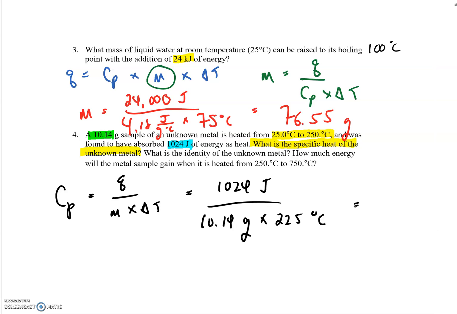So make sure you have your calculator handy. And we're going to say 1024 divided by the quantity 10.14 times 225.